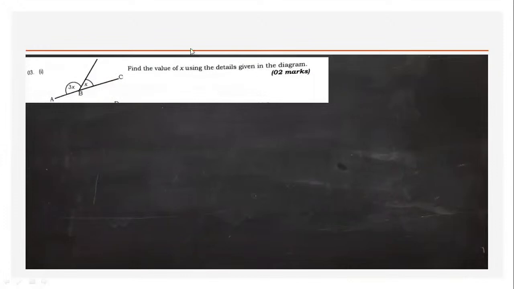Find the value of x using the details given in the diagram. Can you see this is supplementary? This is a straight line. So 3x plus x equals 4x, right? You know the supplementary angles add up to 180.